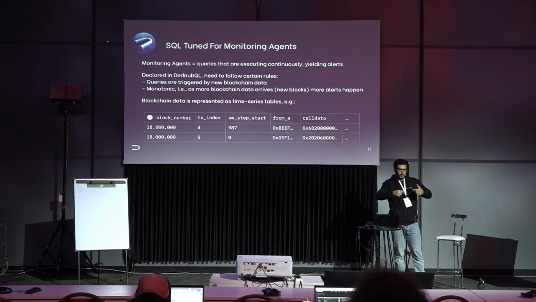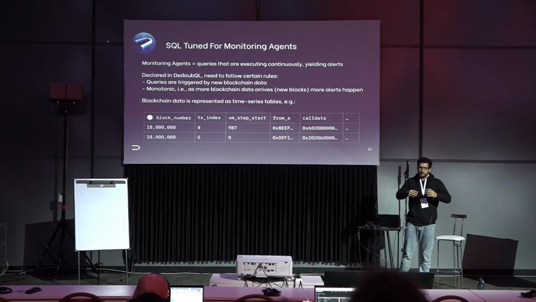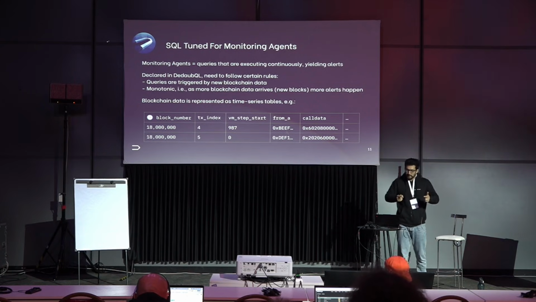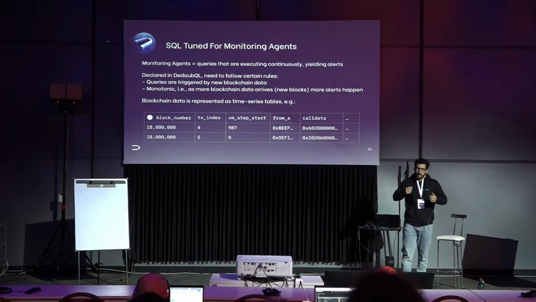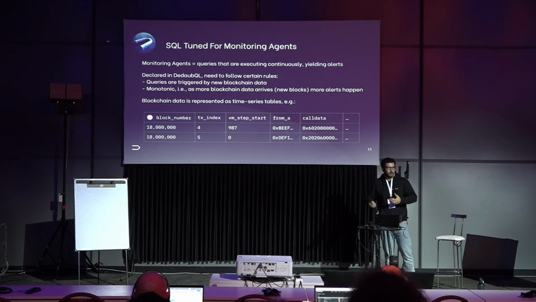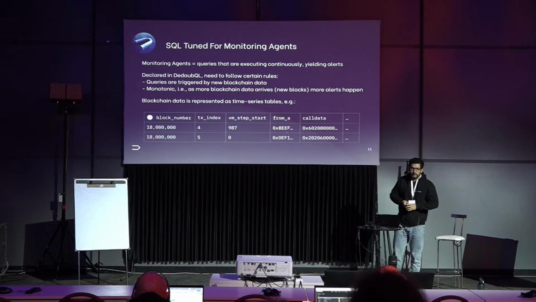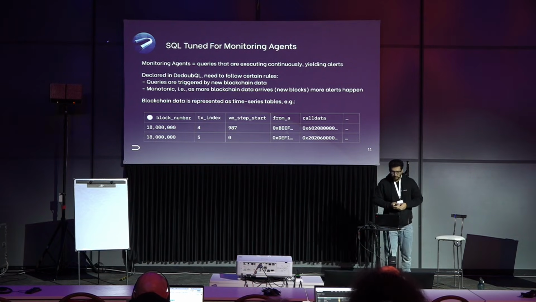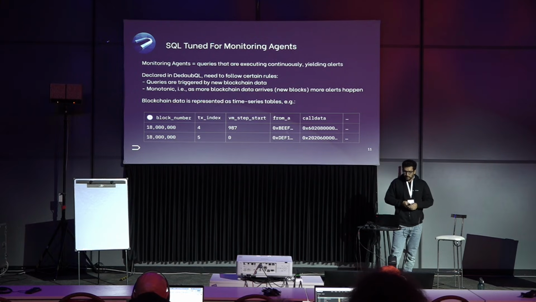And your query then needs to be written in a way that is monotonic, meaning that the more blockchain data arrives, the more alerts will happen, okay? Not less. Otherwise, you interfere with the execution semantics that we designed for DedaubQL.